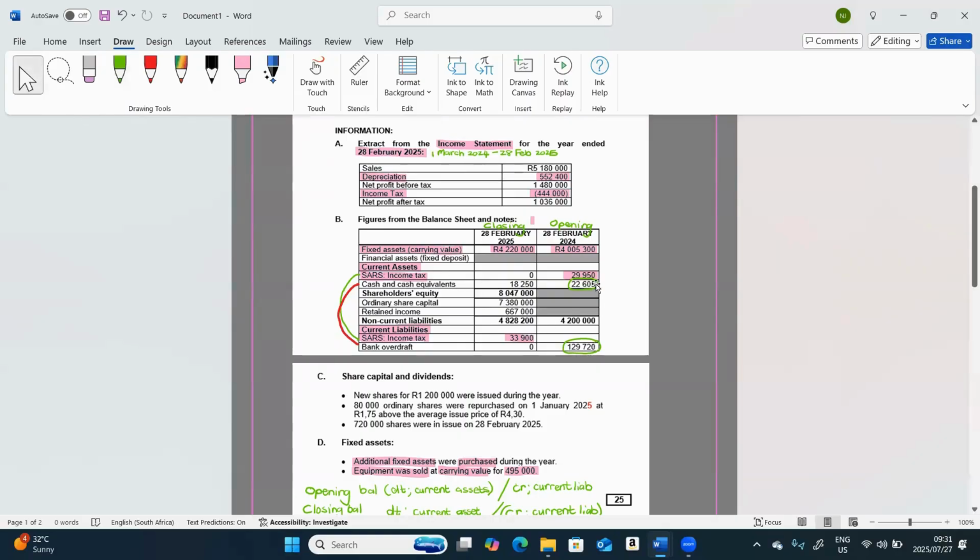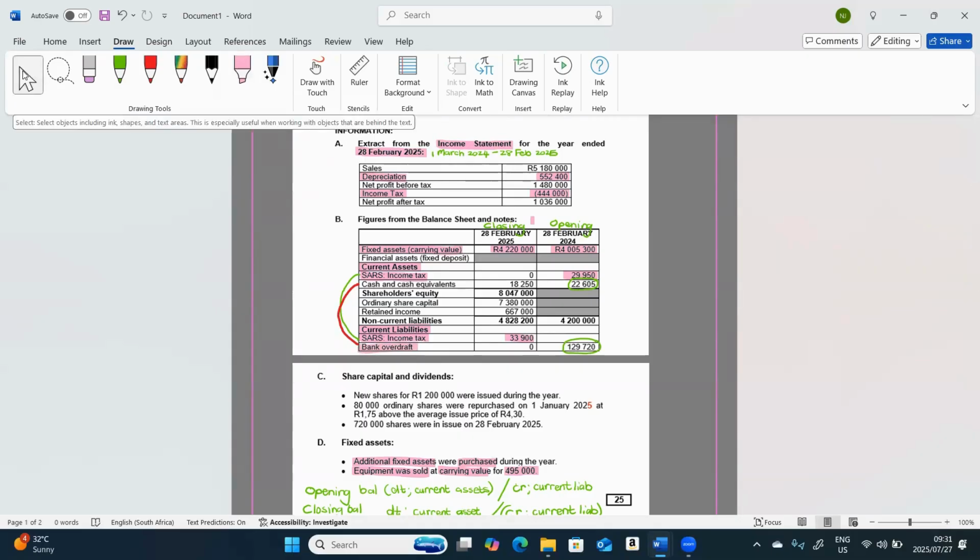We need one balance, right? We currently have two balances for cash and cash equivalents, or for cash at the beginning of the year. All you need to do is get the difference between these amounts for the one balance that we need. So you know that your bank overdraft is a negative bank balance, right?